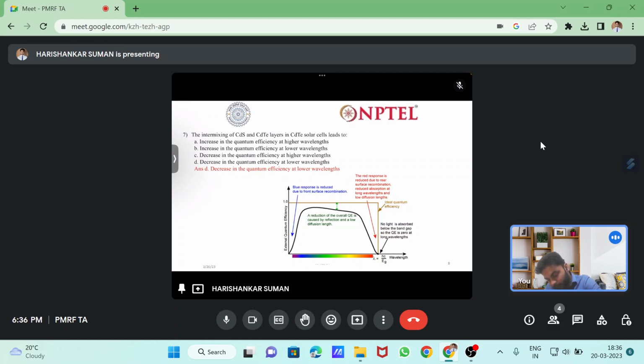First, blue response is reduced due to the front surface recombination. So this is related to the surface loss, surface side recombination loss.